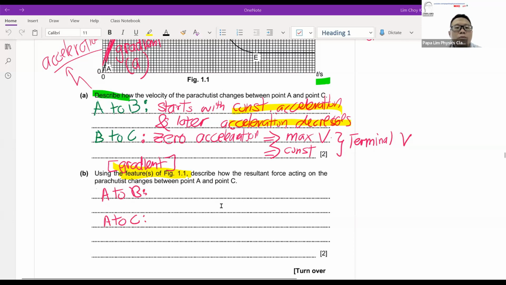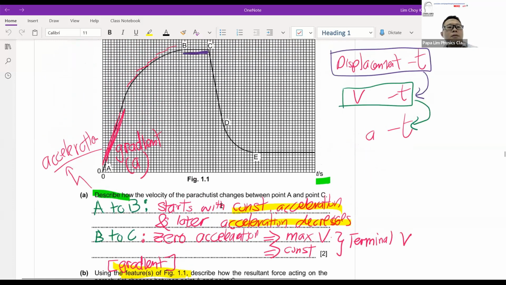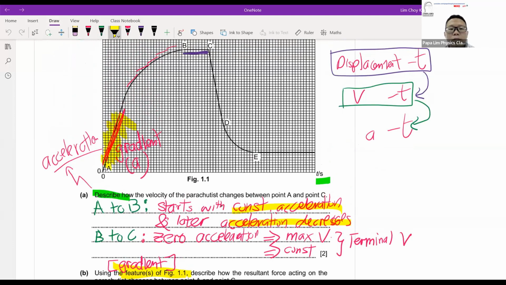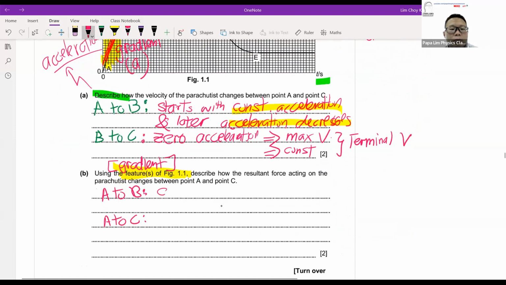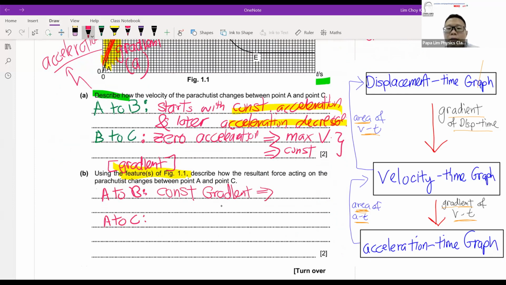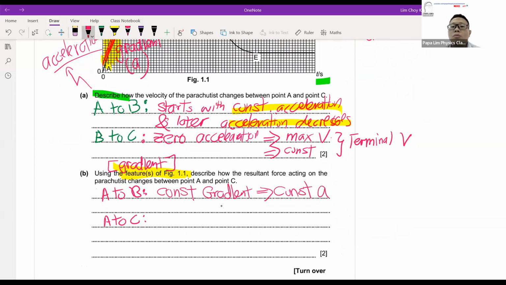For the first portion of A to B, the graph has a constant gradient. This is the beginning of the portion. What does a constant gradient tell me? It tells me the object has a constant acceleration. What's the link between acceleration and force? That's your famous Newton's law, F net equals ma.